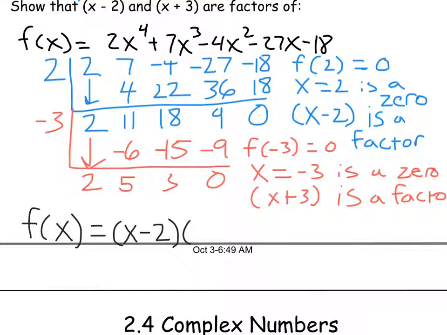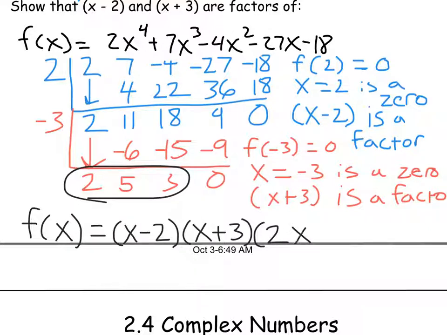And I've shown that I've got a factor of x plus 3. What's left? Remember, each time I do synthetic division, it reduces the power by 1. So now I look to here, and after I've taken out those two factors, I still have a quadratic left.